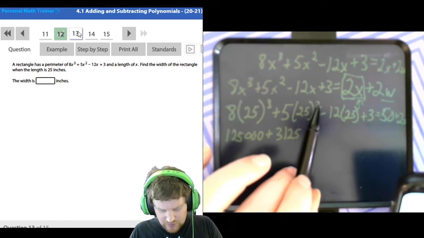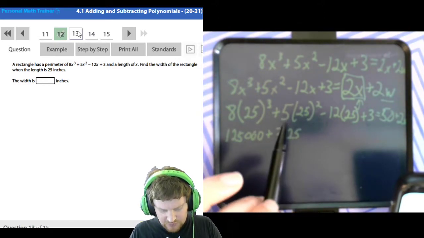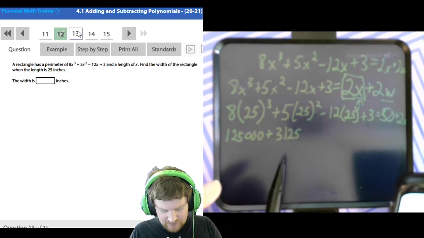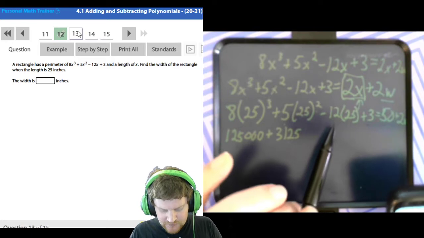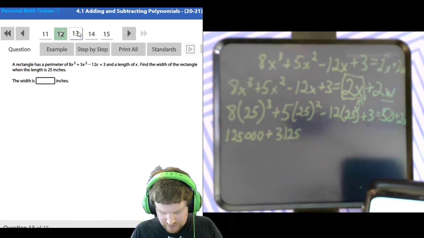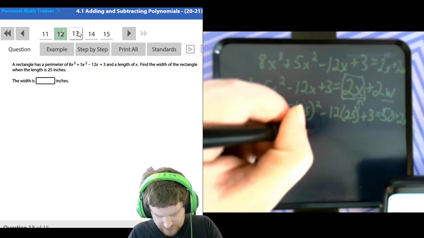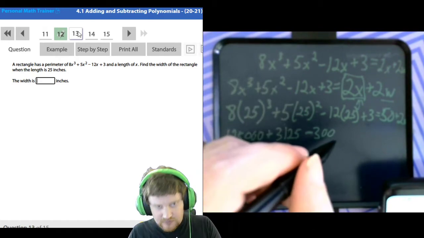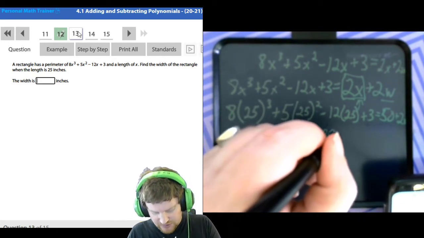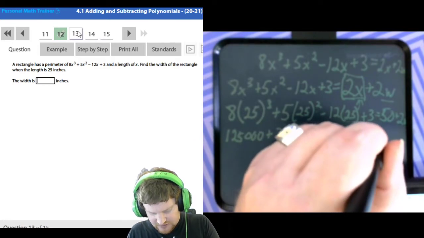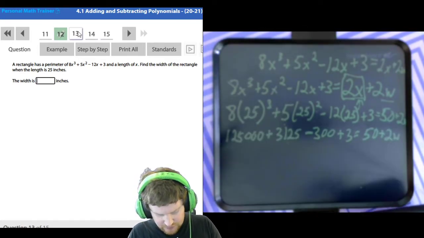So 25 squared was 625. Multiplying that by 5 gives us 3,125. And then 12 times 25, that gives us 300, but notice that we have this minus sign here, and then this random plus 3 at the end, equals 50 plus 2w.